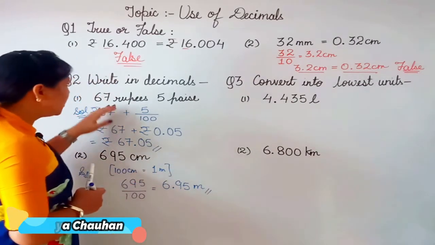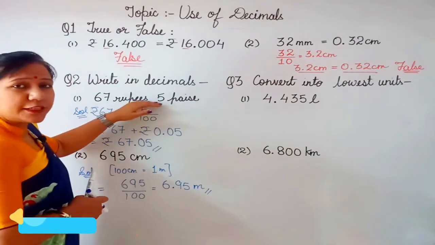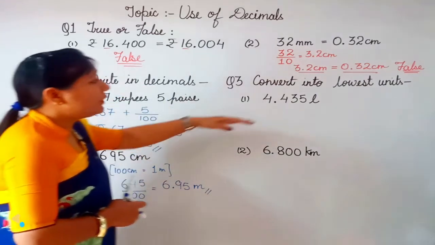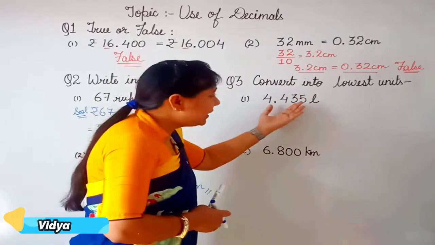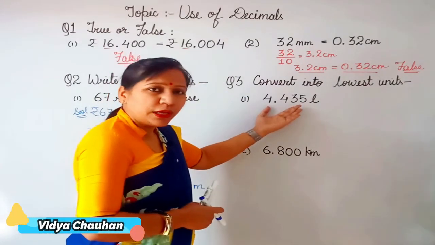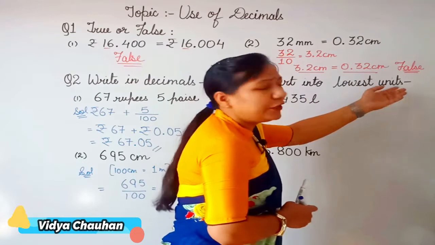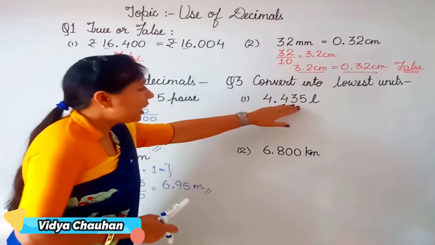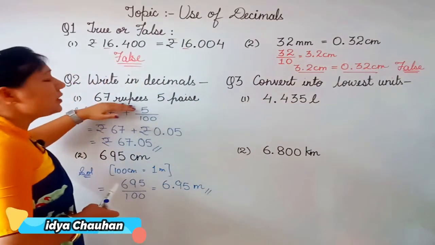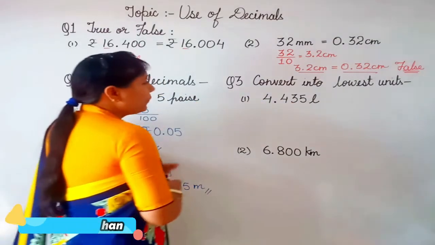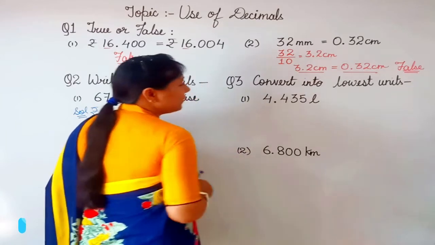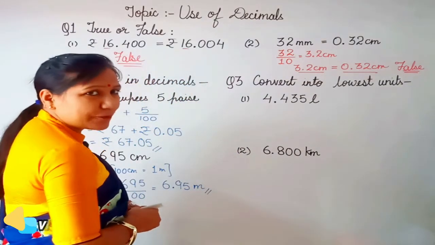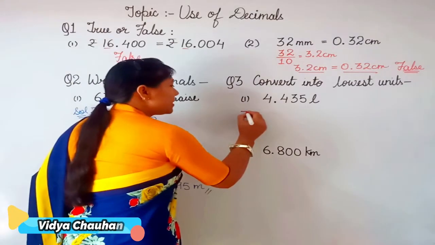I hope this conversion of simple values into decimal form is clear to all of you. Let's take one more question in which decimal values are already given and you have to write them in the lowest unit, that means the simplest form. So now you convert decimal values to simple values. For the first part, the value is 4.435 liters.